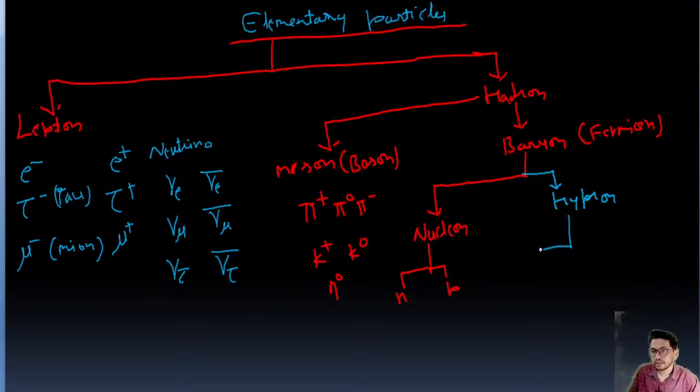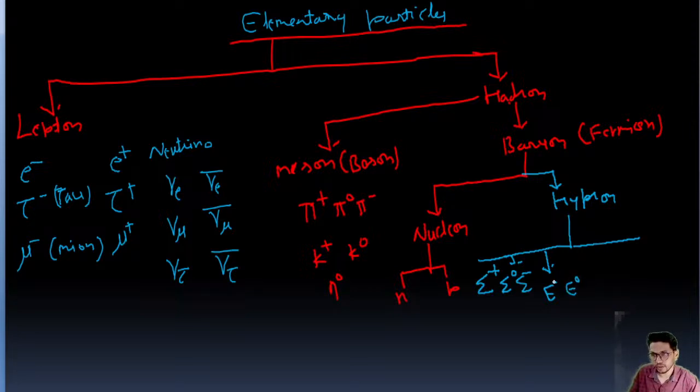Hyperons are sigma plus, sigma 0 and sigma minus. Okay, this is sigma. Second is cascade. Okay, E negative and E naught. This is cascade.